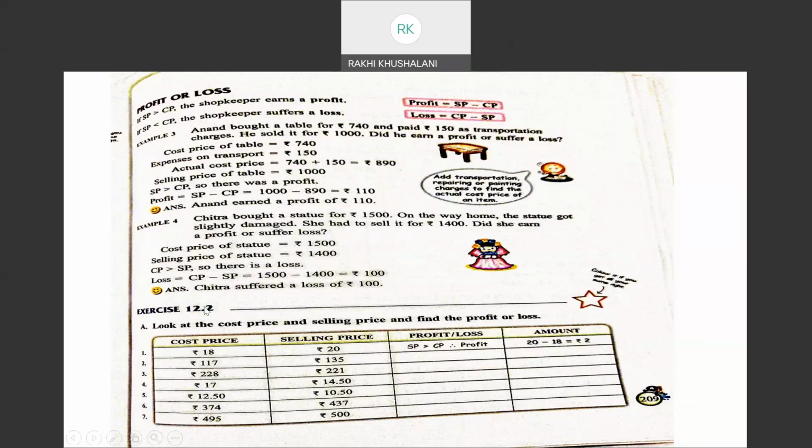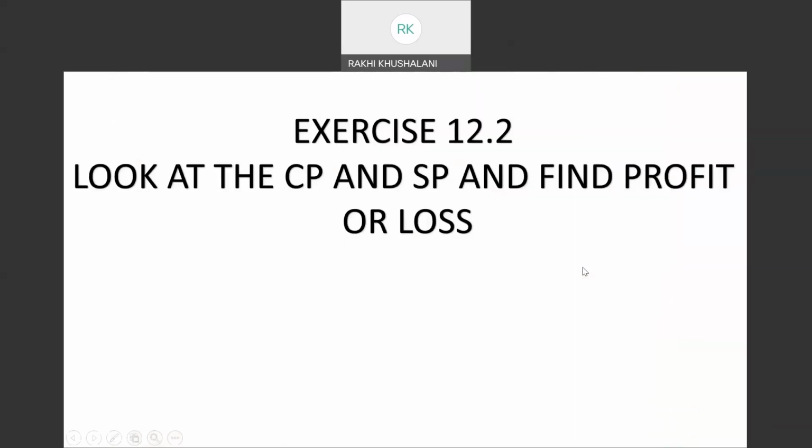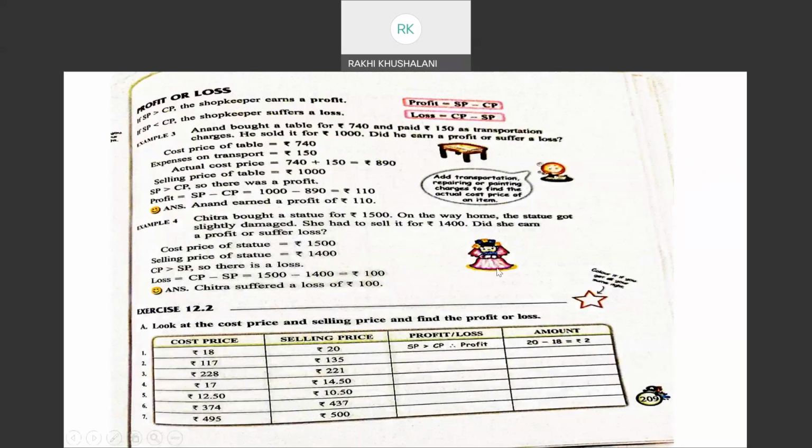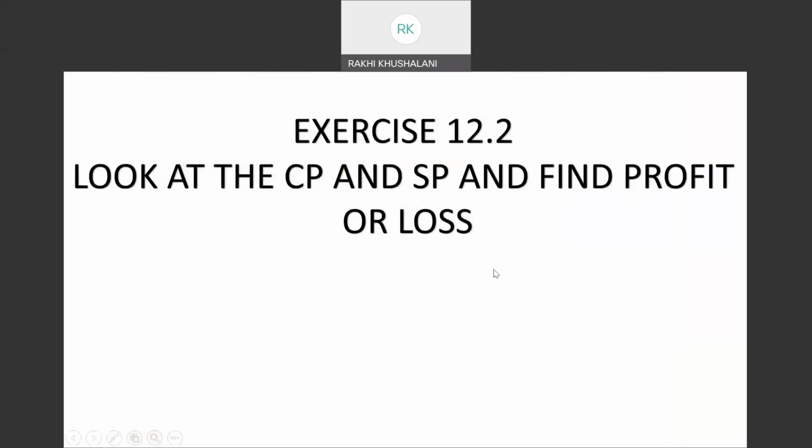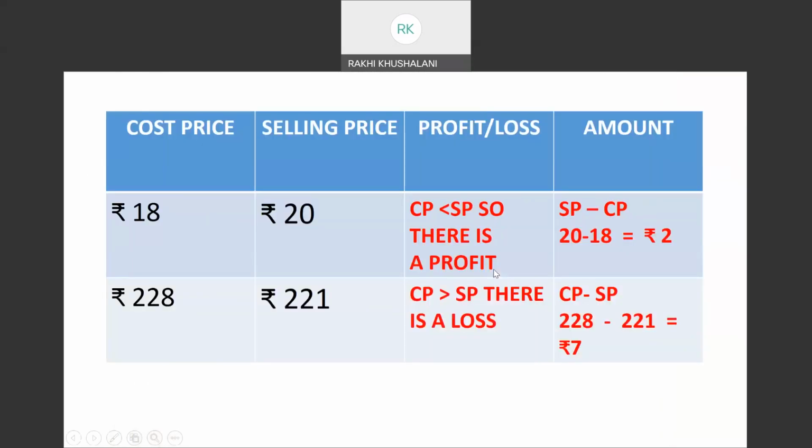Now here, exercise 12.2, the A part, look at the cost price and selling price and find the profit or the loss. Now children, the same table, I have drawn it in my next slide, exercise 12.2. I have taken question number 1 and 3.